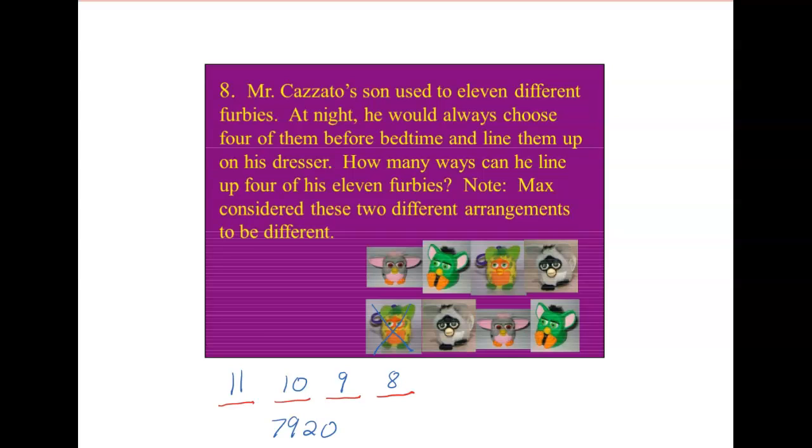Every year a student says, well, can I rewrite it with factorials? Yes, I could rewrite that as 11 factorial over 7 factorial. And some people have a hard time understanding that. So what we do is we write that out: 11, 10, 9, 8, 7, 6, 5, all the way down to 1, over 7, 6, 5, all the way down to 1.